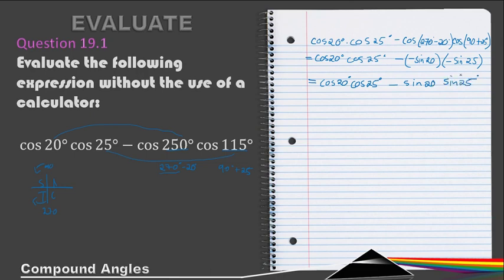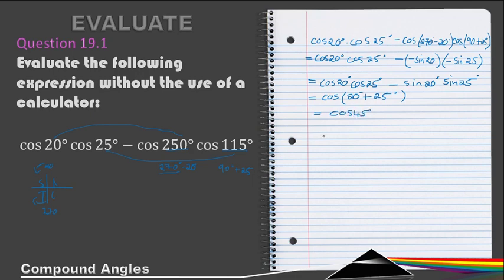Alright, so this represents our cos compound angle formula. So our angles are 20 and 25. Cos changes the sign to plus, so this then gives us cos of 45.